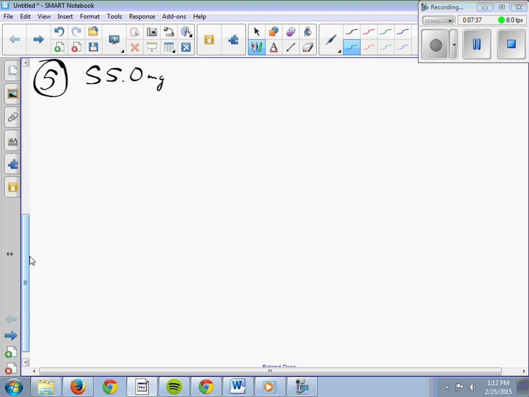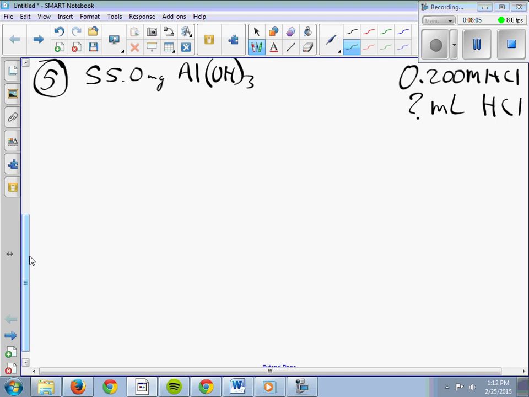Milligram sample of AlOH3, that one's not a typo, is reacted with 0.200 molar HCl. How many milliliters of the acid are needed to neutralize? So, how many milliliters of this are needed to neutralize?